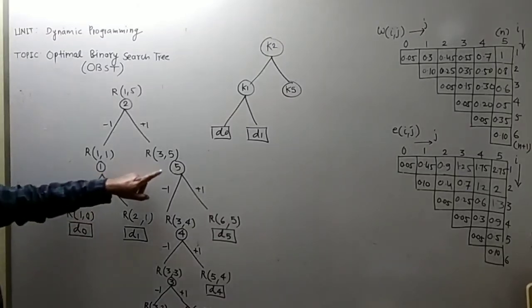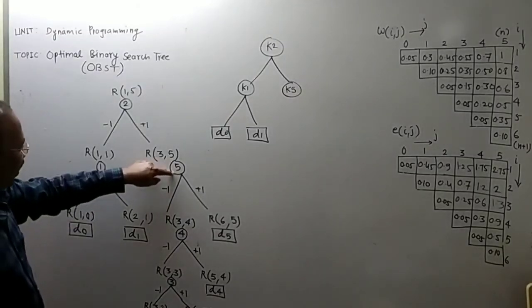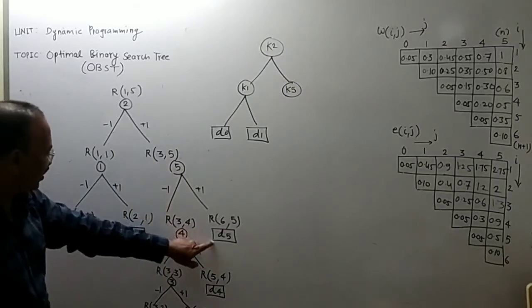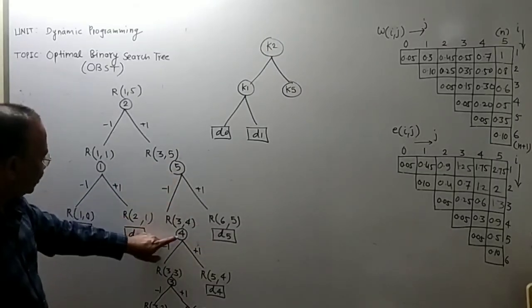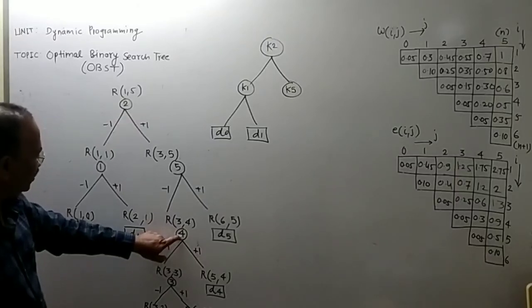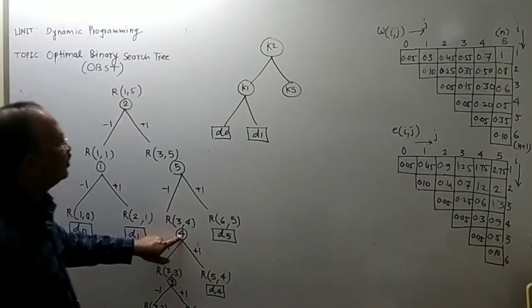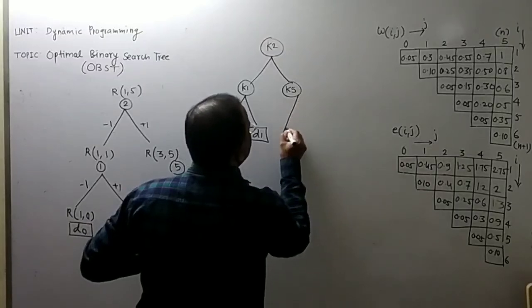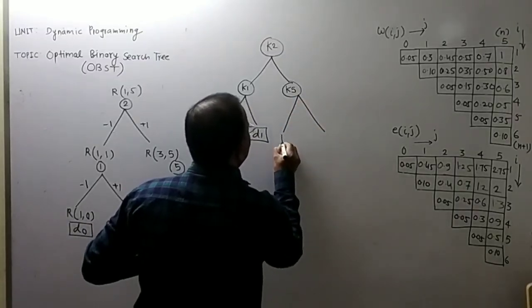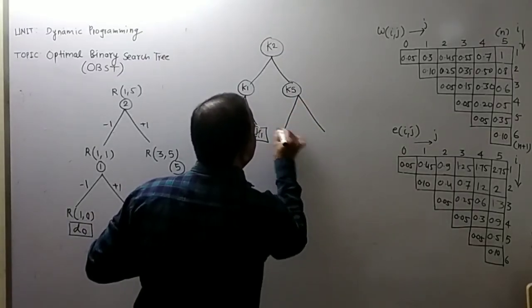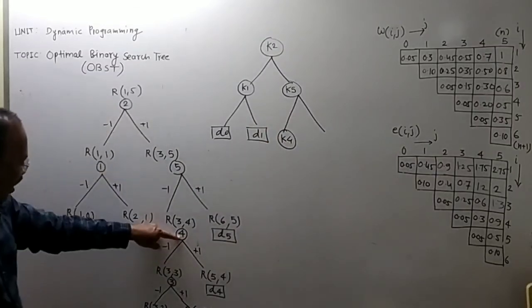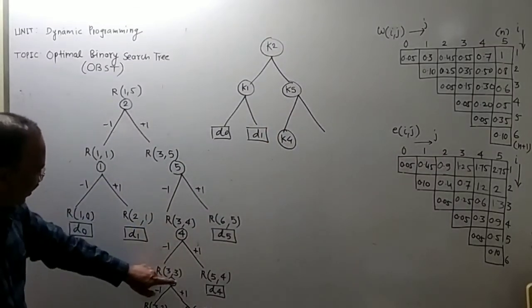Then expand K5. K5 has left and right children. The left is represented using a circle, so this is an actual key, K4. K4 has two children, left and right.